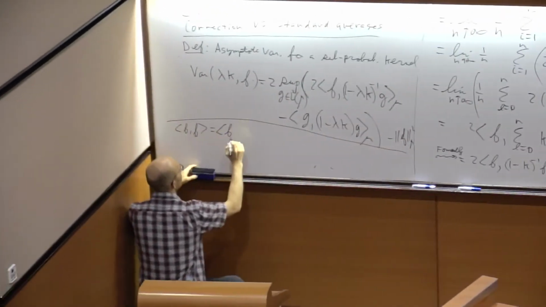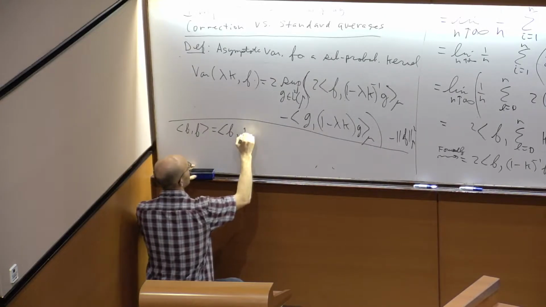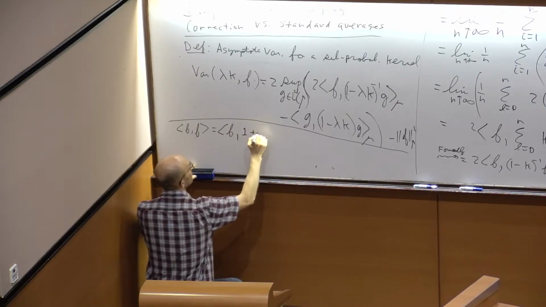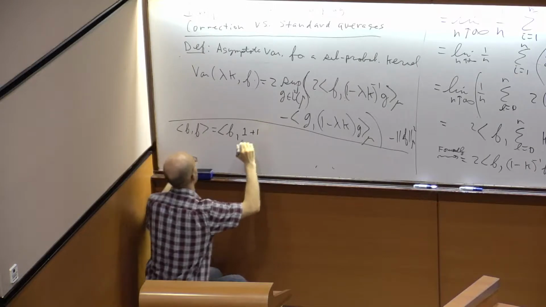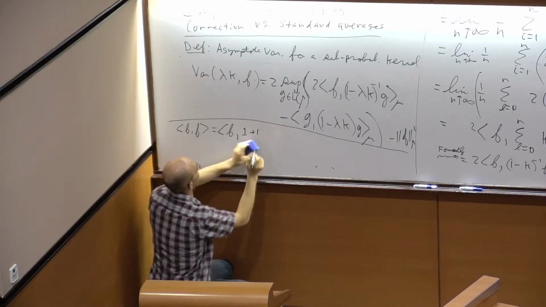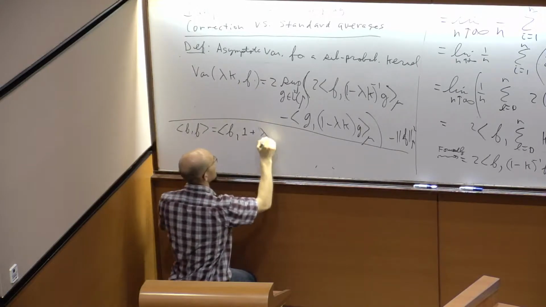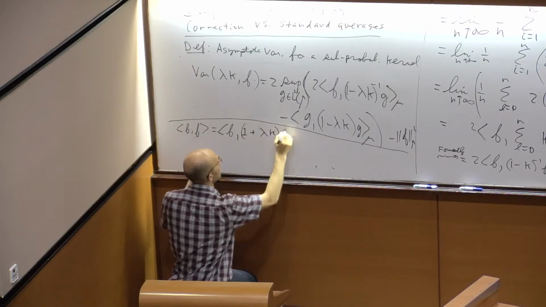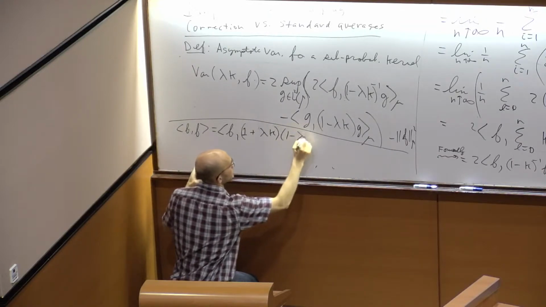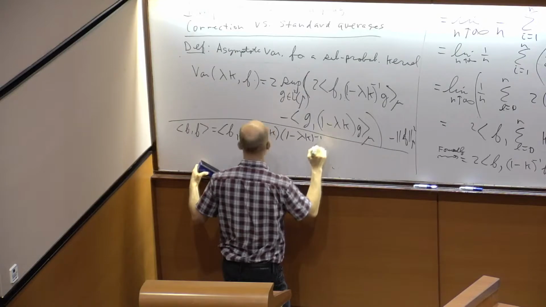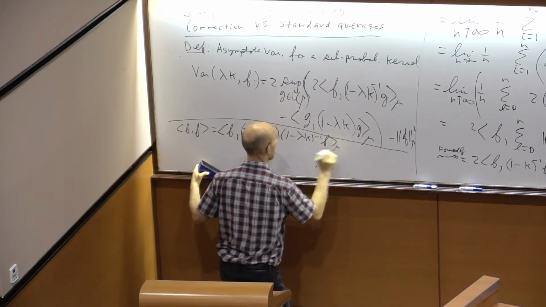So this is then the identity plus lambda K times (1 minus lambda K) inverse F, of course.